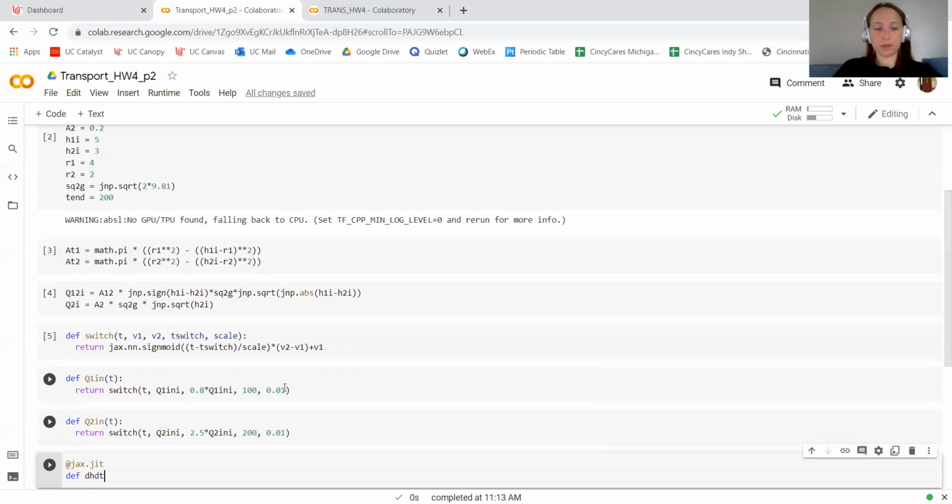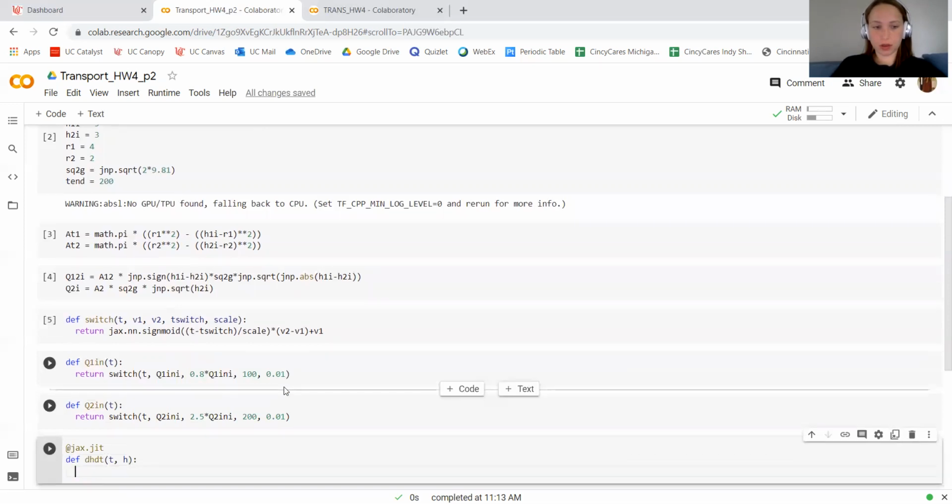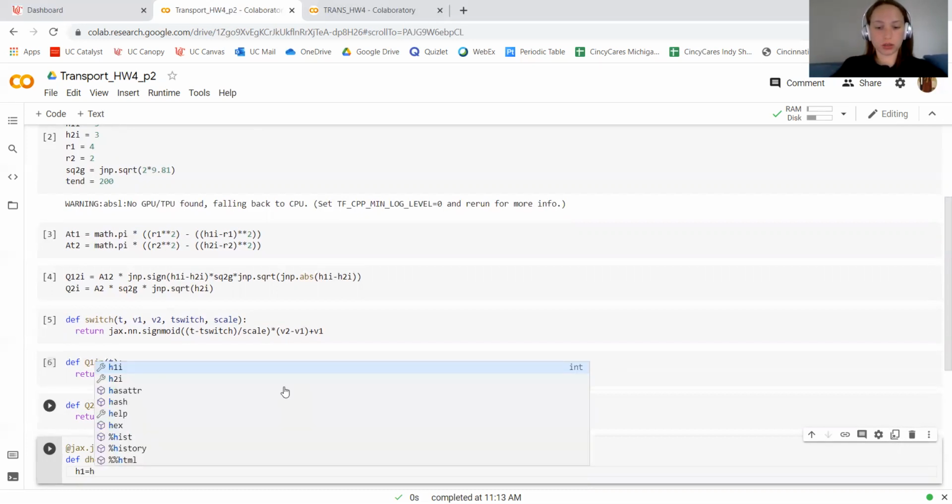So we want to define dH over dt, which is the change in height with respect to time, of t and H. To make it the most similar to what we would do in real life and what we did in part one, we are going to give H1 and H2 values like this.